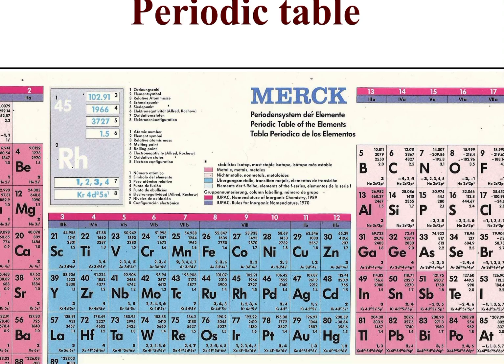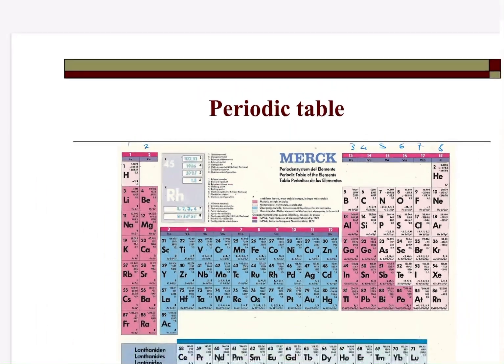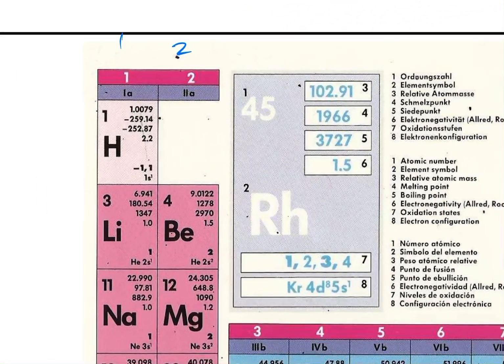Or we can say 1A, 2A, then start 3B, and continue with 3A until 8A. Mainly we say first group, second group, third, fourth, fifth, sixth, seventh, and the eighth group is the noble gas.